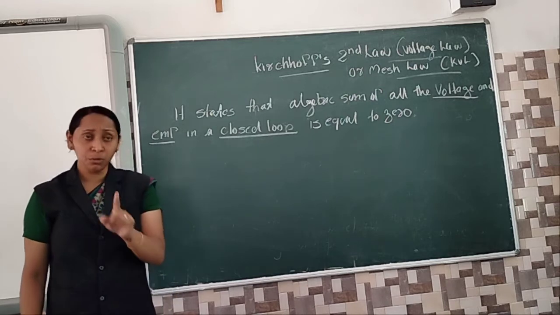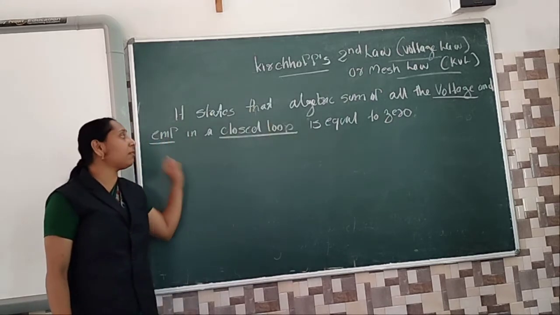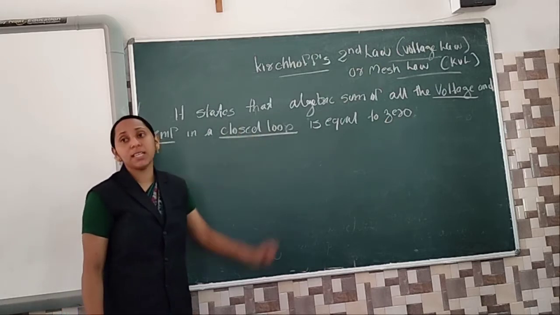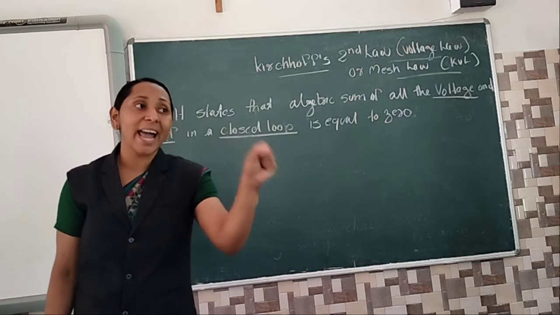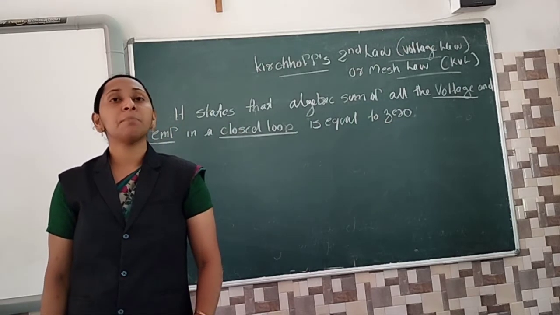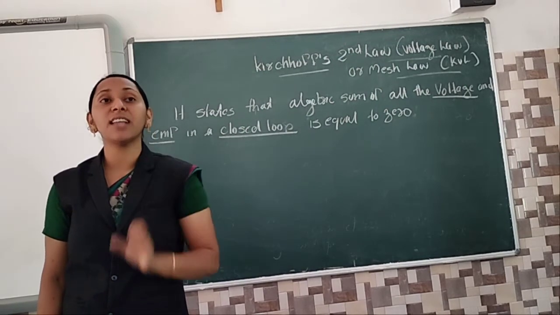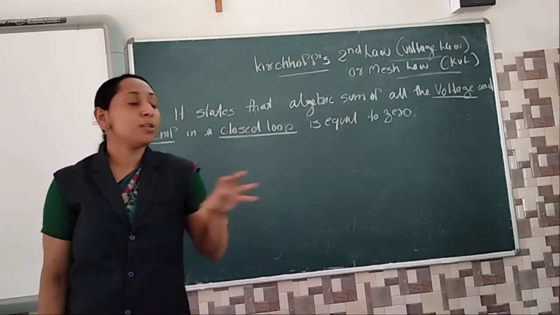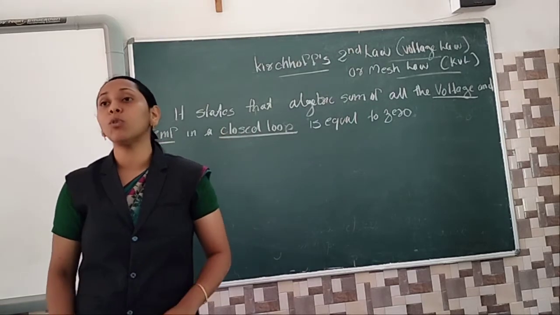Rule number 2: the algebraic sum of voltage and EMF in a closed loop is equal to 0. That is the difference. What was the first case? The algebraic sum of current in a junction, that is rule number 1. Sit up straight, sit properly. The algebraic sum of voltage and EMF in a closed loop is rule number 2.